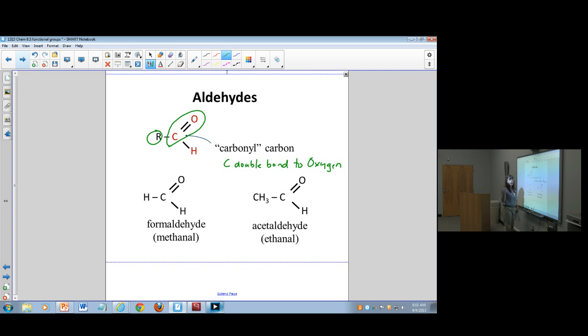It can be a 4-carbon chain, a 25-carbon chain, whatever it is. The aldehyde is at the end, this group, COH, with some chain attached to it. This group is always at the end of a chain. So here's our acetaldehyde or an ethanol.